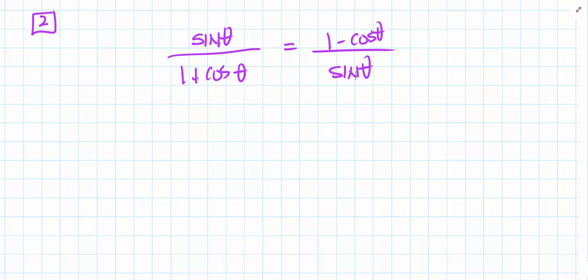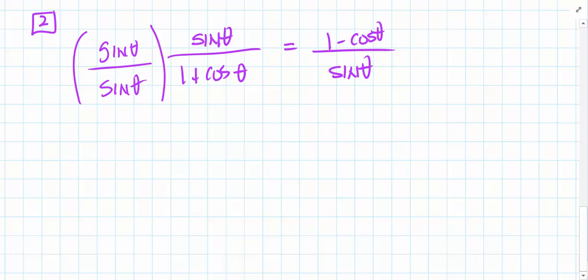So what you gotta do is pick a side and multiply that side by a fancy 1. And the fancy 1 should consist of the denominator of the other one. So I'm going to pick the left side and multiply by a fancy 1, and the fancy 1 I'm going to choose is the denominator of the other side. So that would be what, everybody? Sine theta over sine theta, right?